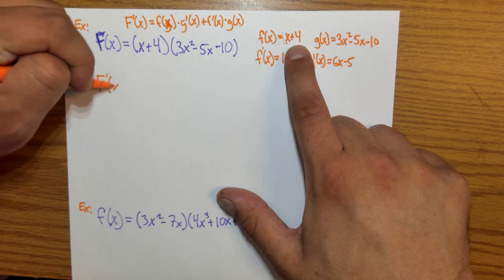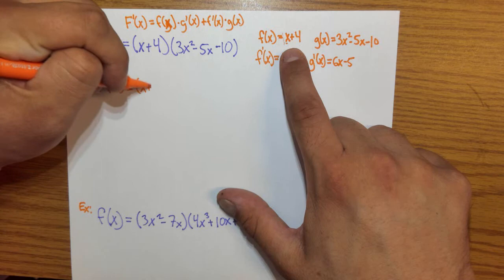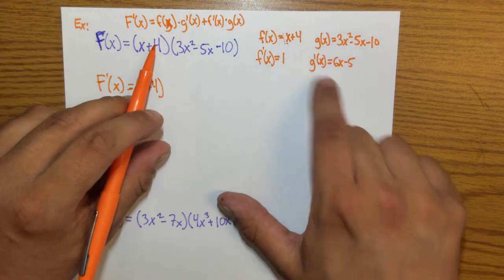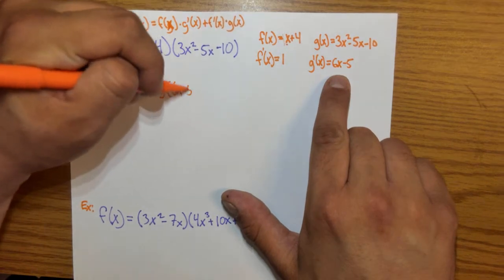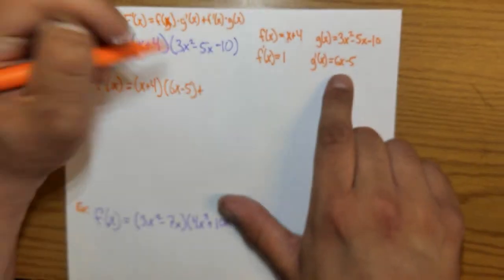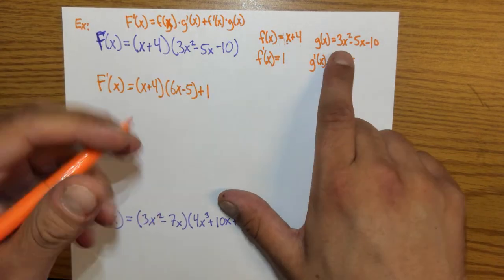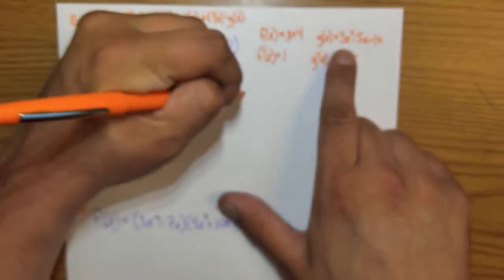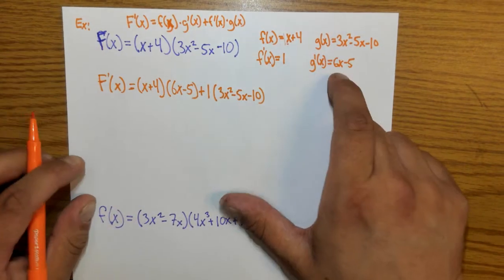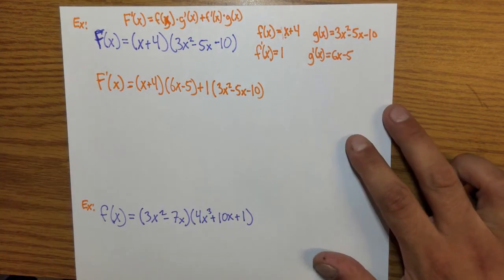Large F prime of x is going to equal f of x, which is x plus 4, times g prime, which is going to be 6x minus 5, plus f prime of x, 1, times g of x, which is 3x squared minus 5x minus 10. And there we have it. That's the derivative of this large f of x function.